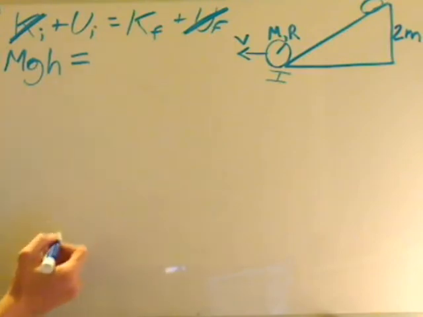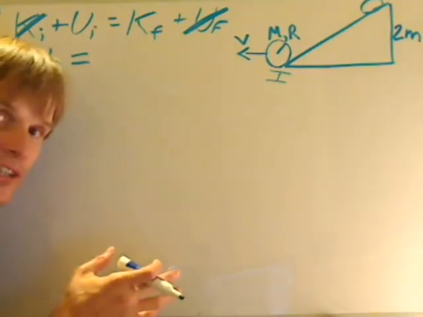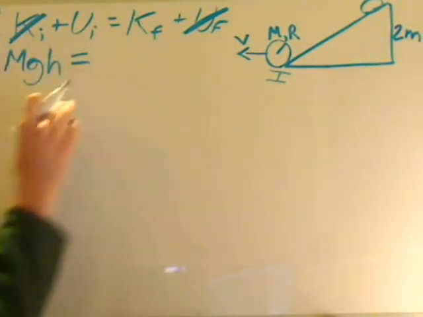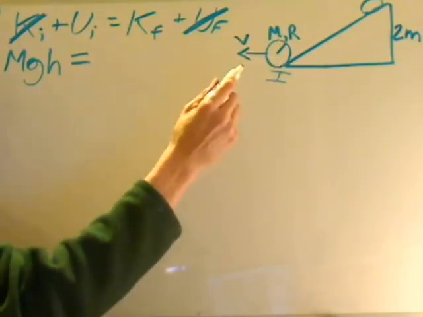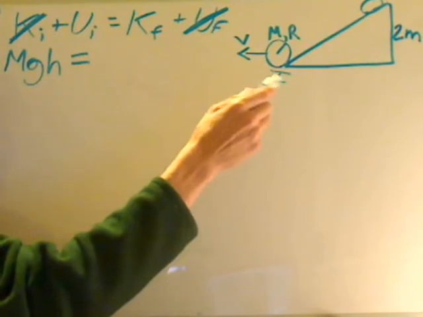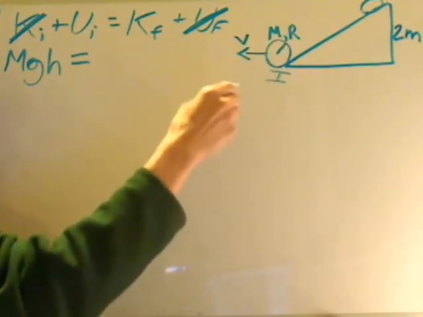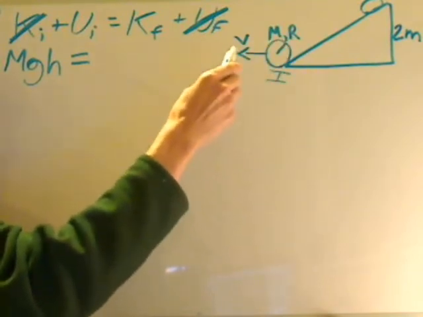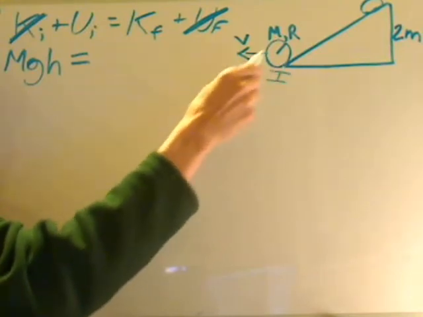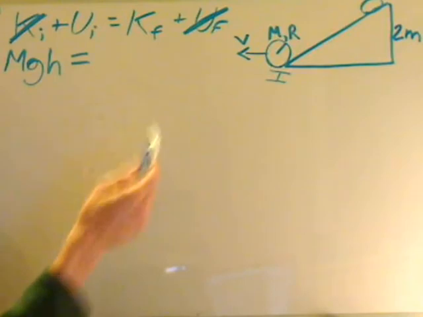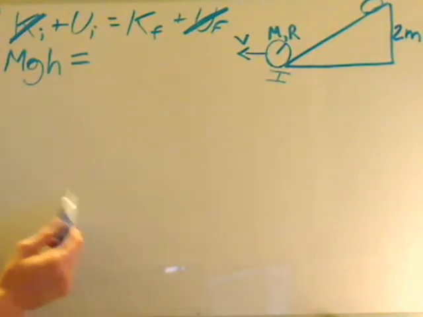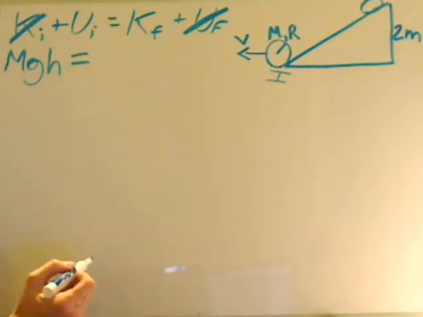What we saw in our lecture is that it's 1/2 mv squared for translational kinetic energy, and 1/2 I omega squared for rotational kinetic energy. The translational velocity and angular velocity are related, and when we did that, we arrived at an expression for the kinetic energy of a rolling object.